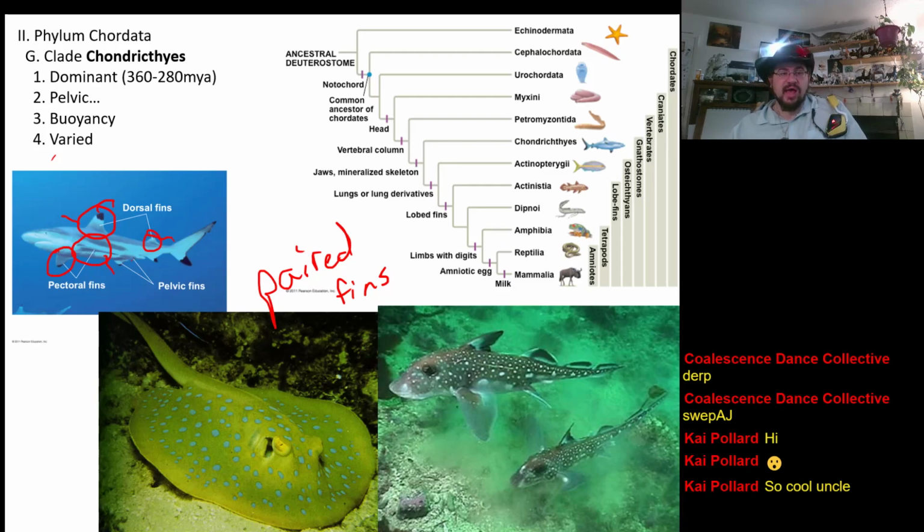You also have paired pelvic fins. And so these are all for generally maneuverability. Pelvic fins are good for steering. Dorsal fins are good for maintaining position in water. They prevent rolling.